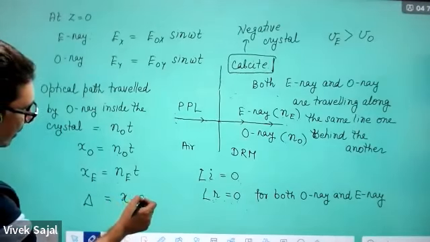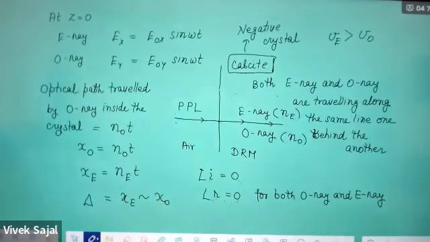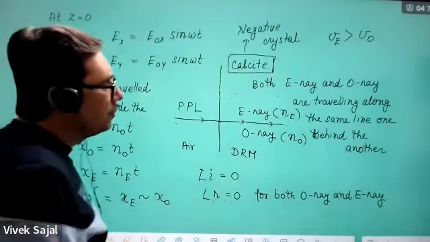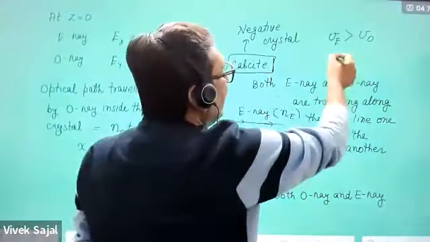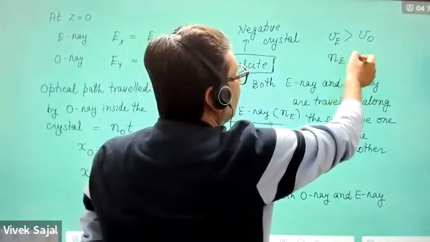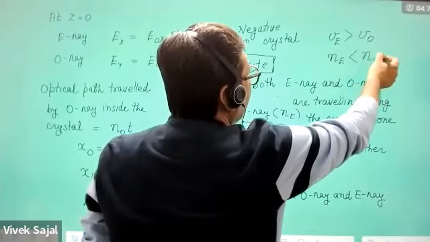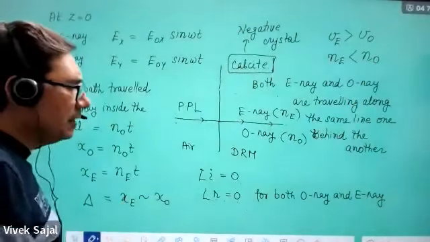XE minus XO. ठीक है? Whichever is greater will be first. So here if V is greater, then automatically Ne will be lesser as compared to No. So XO should be first, XE should be second.